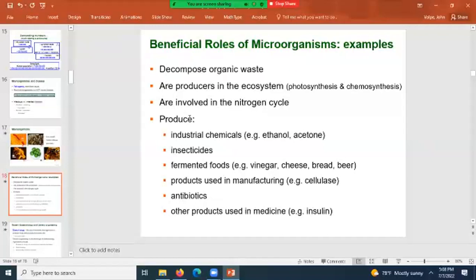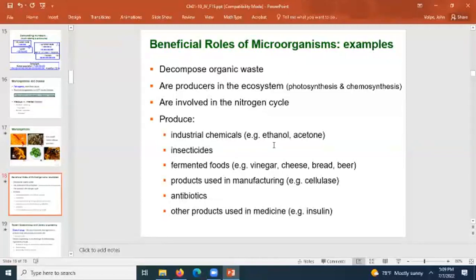Microbes produce many substances for humans, such as industrial chemicals, examples being ethanol and acetone. We use them to make compounds for us, like the ethanol you get in your gasoline. That's made by microbes.